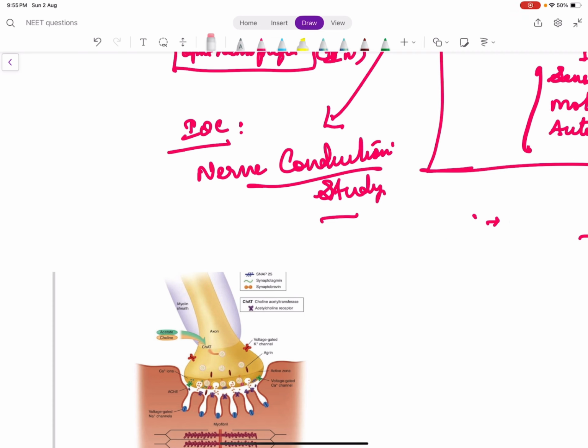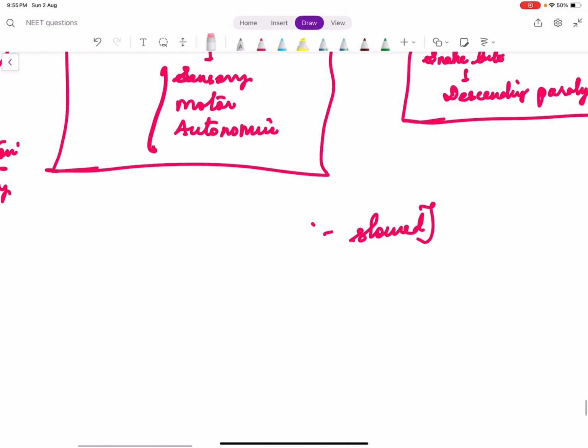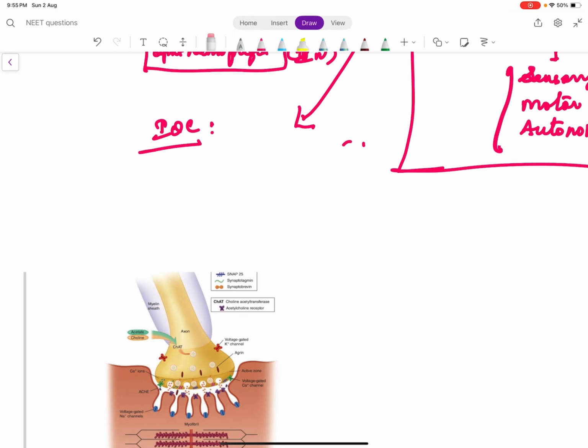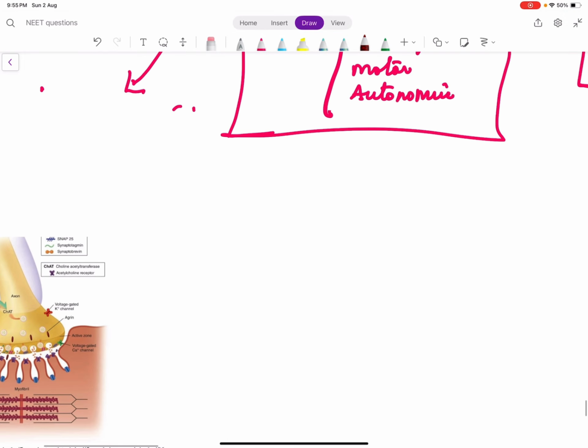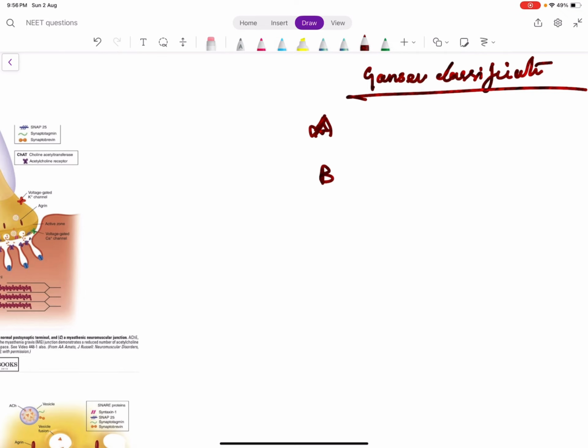So this finishes the commonest peripheral nerve disorder. Peripheral neuropathy is a very big entity. Okay, because I'll just tell you a small basic. We have the Erlanger-Gasser classification, I think. Classification of nerve fibers. We have A fibers, B fibers, C, right?